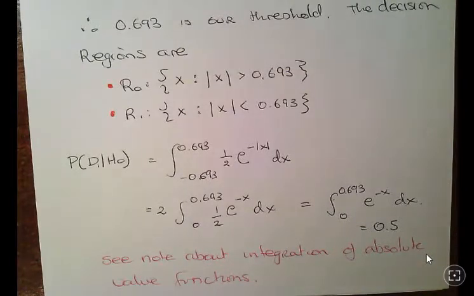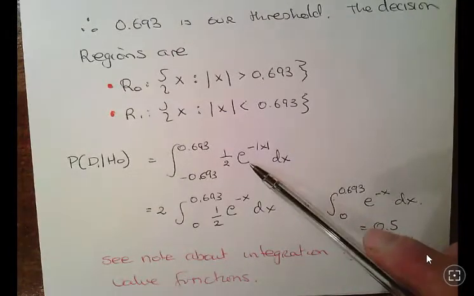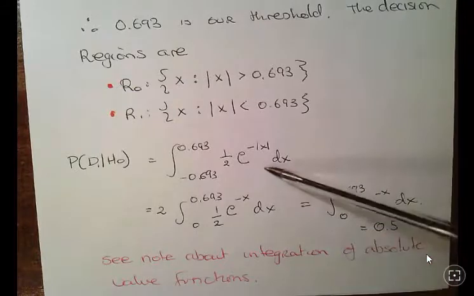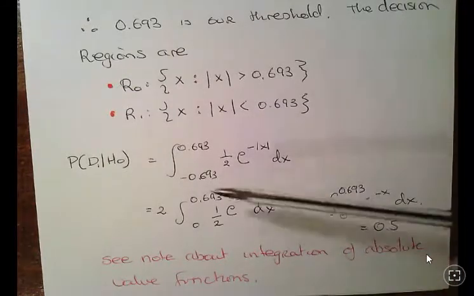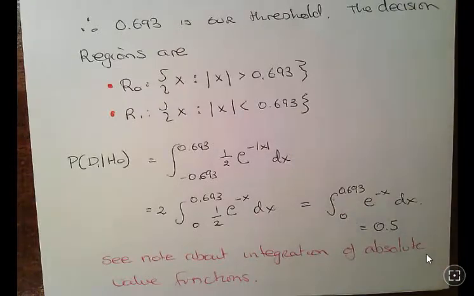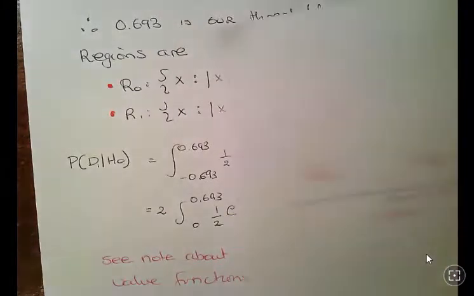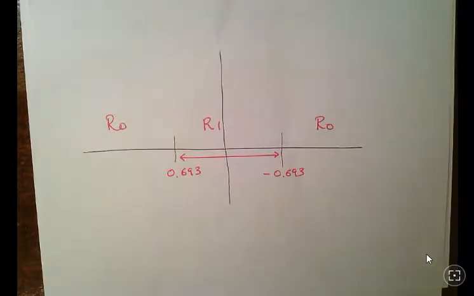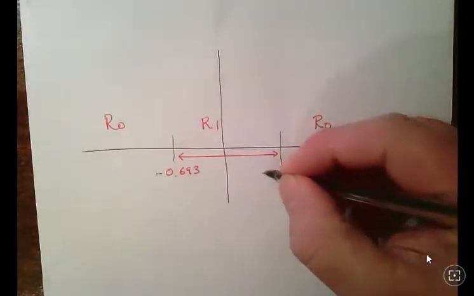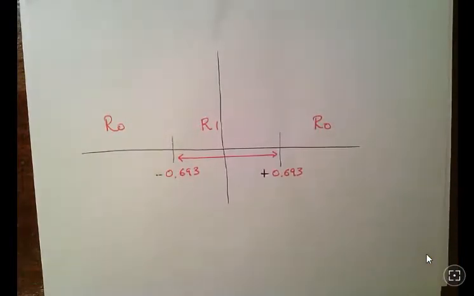We calculate the conditional probability using the conditional PDFs that we calculated earlier on. Essentially we integrate within the region minus 0.693 to 0.693. Just as an afterthought, I got the minus and plus the wrong way around. There we go, R1 and R0.